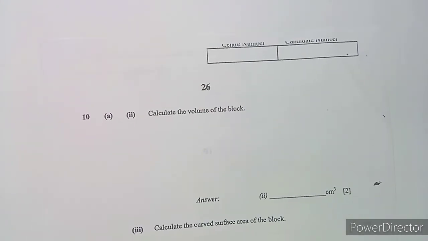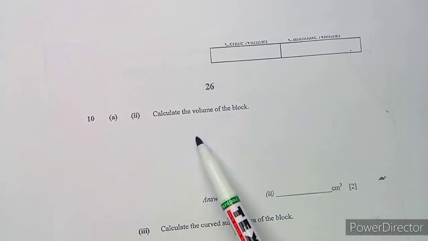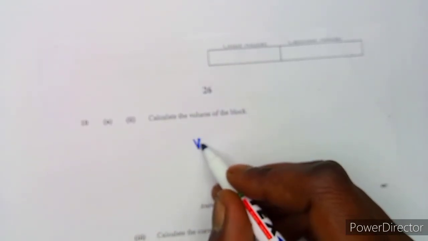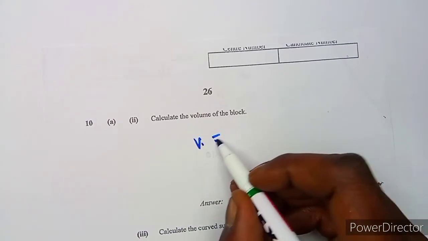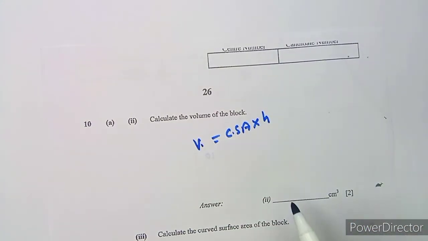Then calculate the volume of the block. Whenever you're given such a block, you need to know that volume simply means the cross sectional area times the height. That is what you refer to as volume.